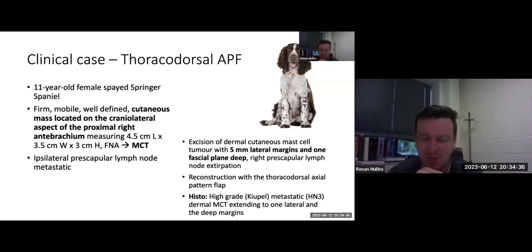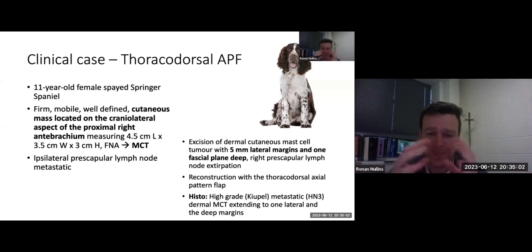So we have this conversation with all of our owners. I usually summarize it as, when we're talking about wide versus narrow margins, with wide margins, the further away we're staying from the tumor, the higher the chance of achieving a complete histologic margin, and therefore the lower the risk of recurrence of that tumor.